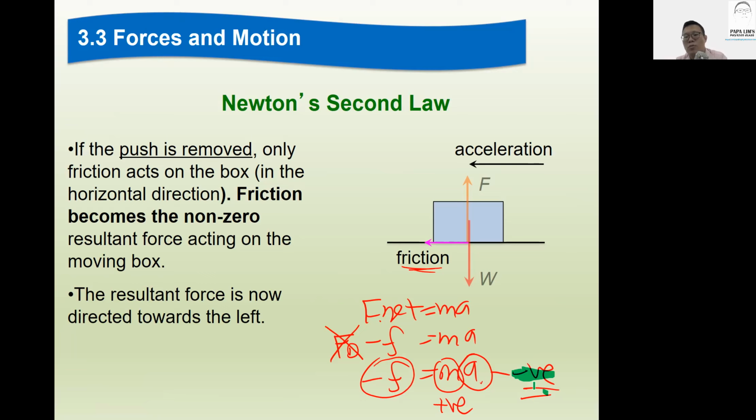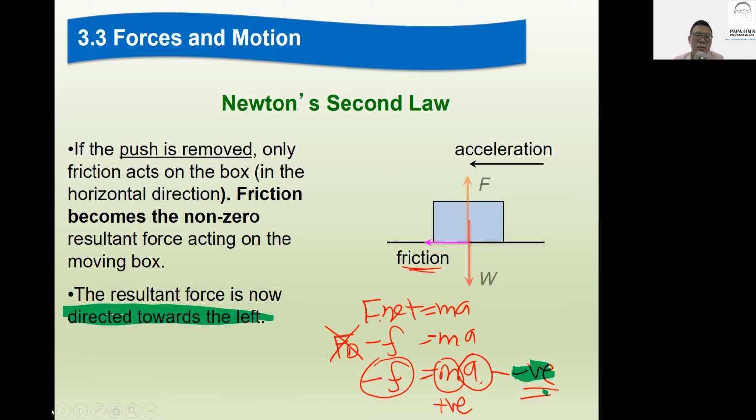So instead of going to the right, which we assumed just now, the object now experiences a resultant force going to the left, which is what we call slowing down. When the object experiences a resultant force to the left, the acceleration will also be to the left, or what we call the acceleration is negative.